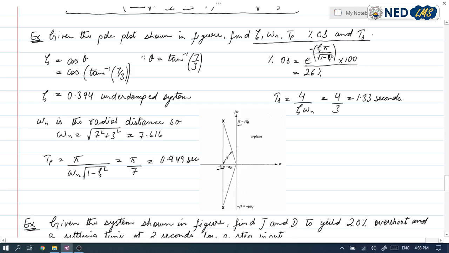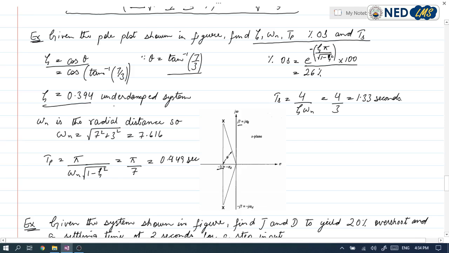So first we find the value of zeta, and we know that zeta is basically equal to cosine theta, and the value of theta can be evaluated by this formula, tangent inverse of imaginary part over real part. After evaluating this term, we will get the value of zeta as 0.394, and from the value of zeta it is clear that it is an underdamped system.